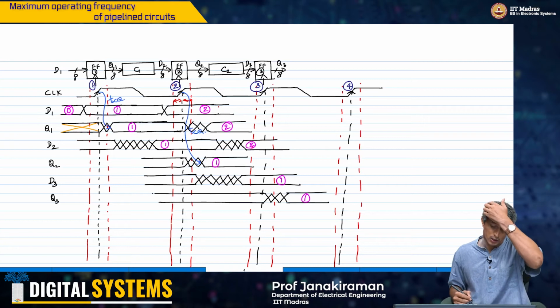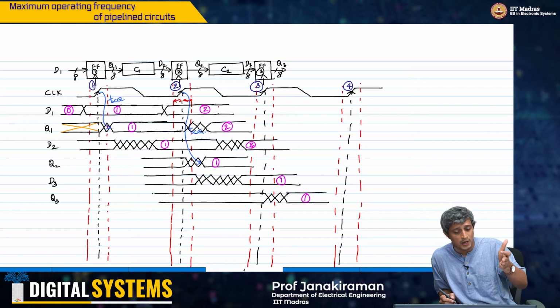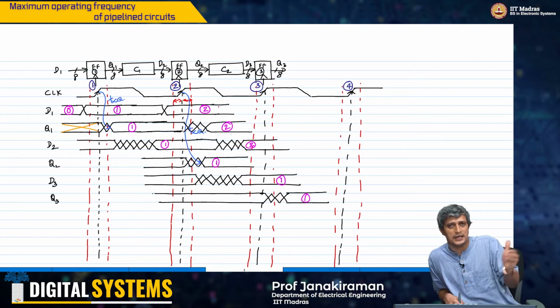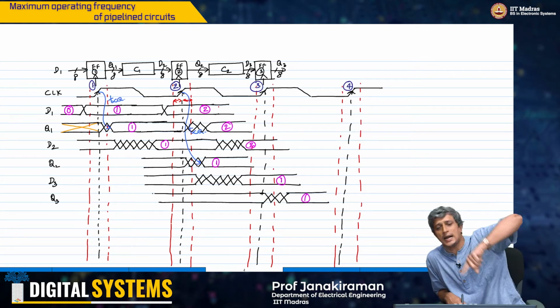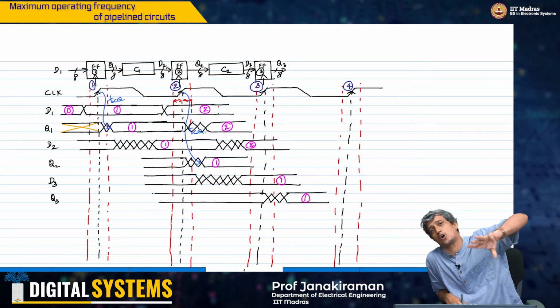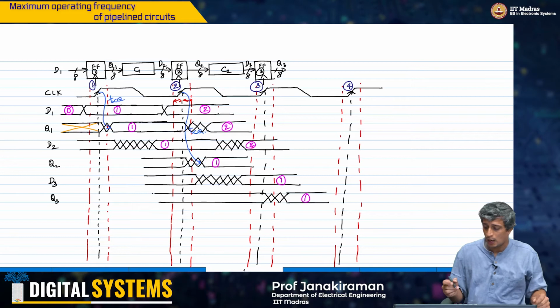Now, what is going to happen therefore is that event 1 that came into the system at the first clock edge will appear at the output only after the third clock edge, depending on the number of stages of pipelining that you have.